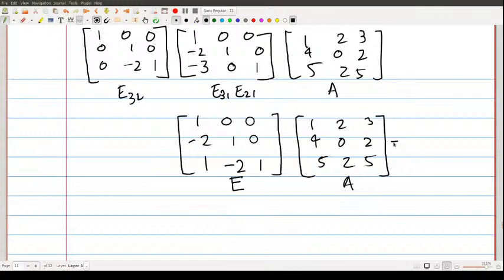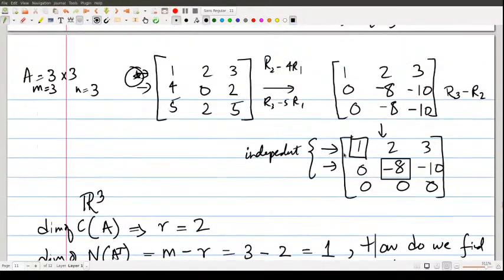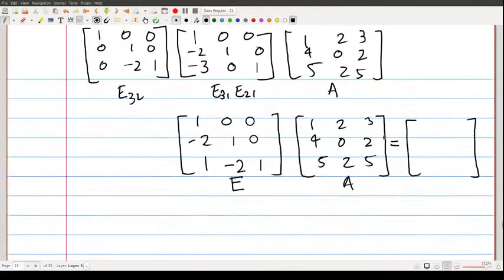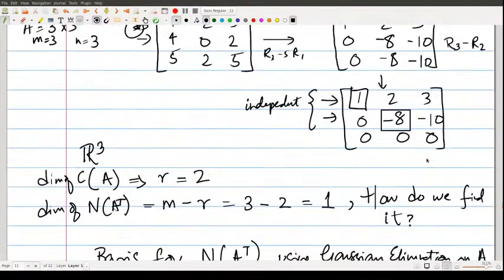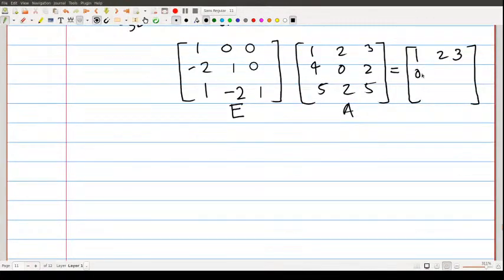Let's see what we have on the right hand side, E times A. When we did this elimination process, notice that what we ended up with was this nice matrix: 1, 2, 3, then 0, minus 8, minus 10, and 0, 0, 0.